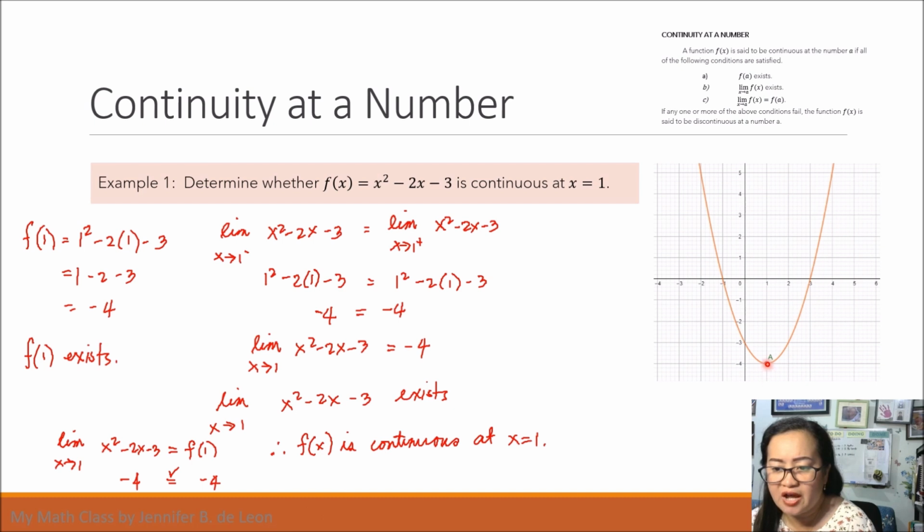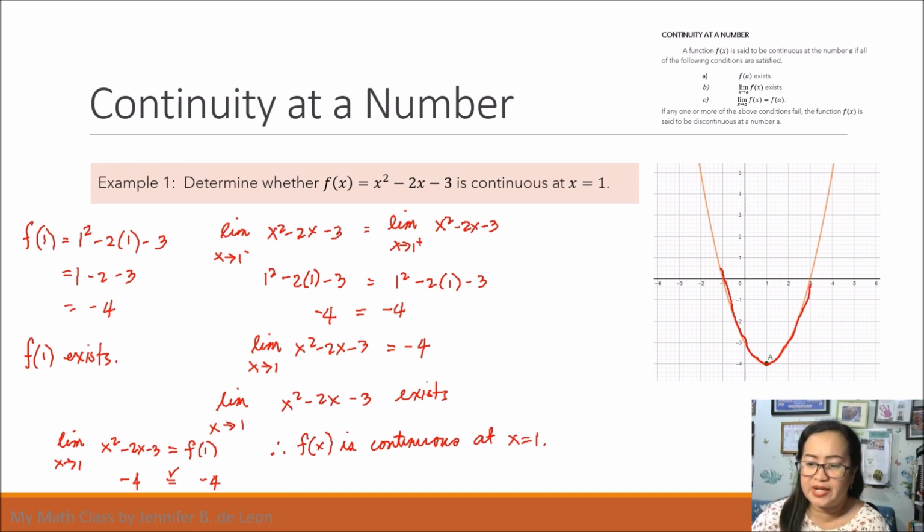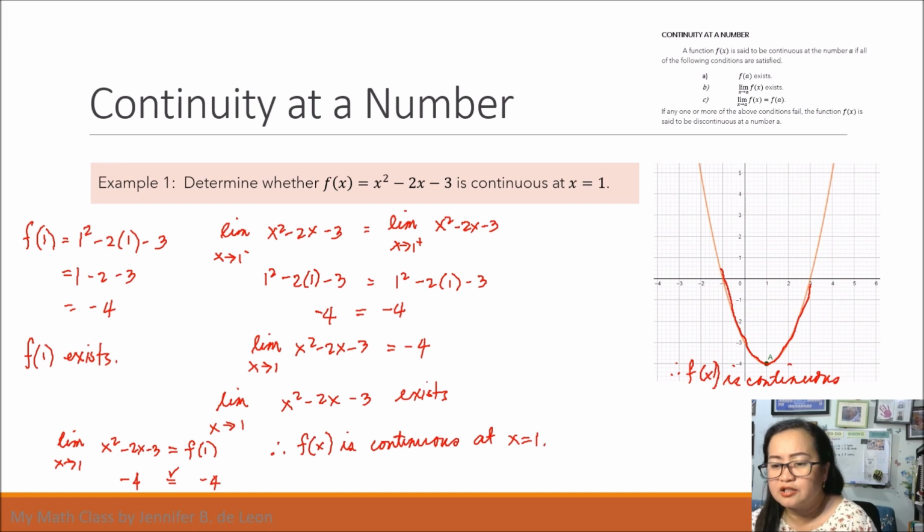So here we have x equals 1. Now if we trace the function, we can see that we can pass through this point without lifting our pen. Hence, we can say that f of x is continuous at this given number.